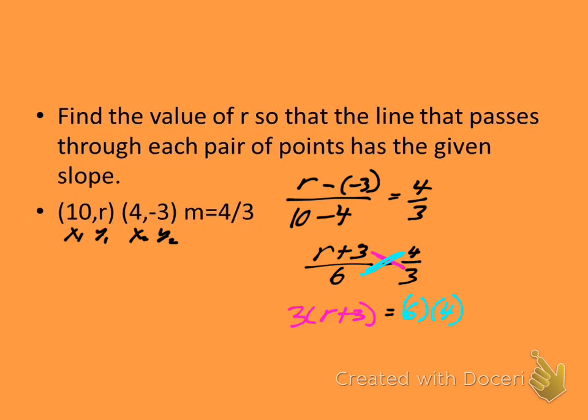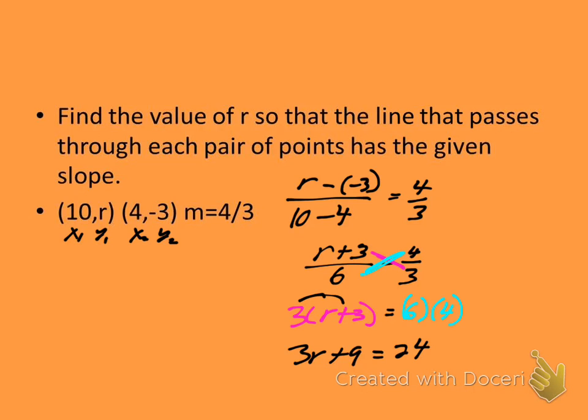Everybody remember that? Which means on the left side you do what here? Distribute. So 3r plus 9. 6 times 4 is 24.